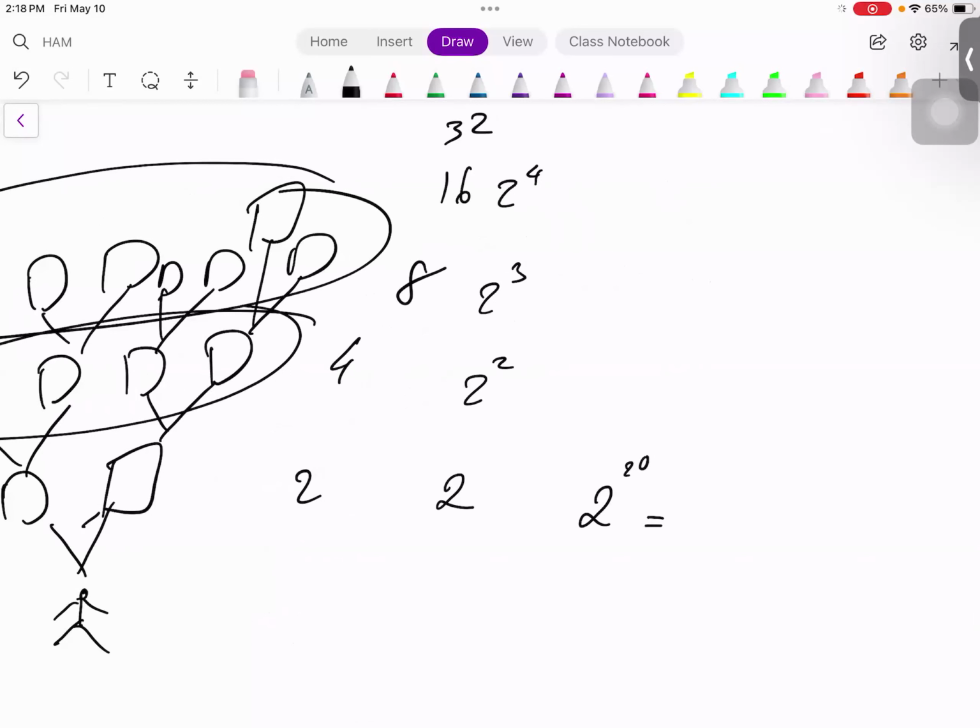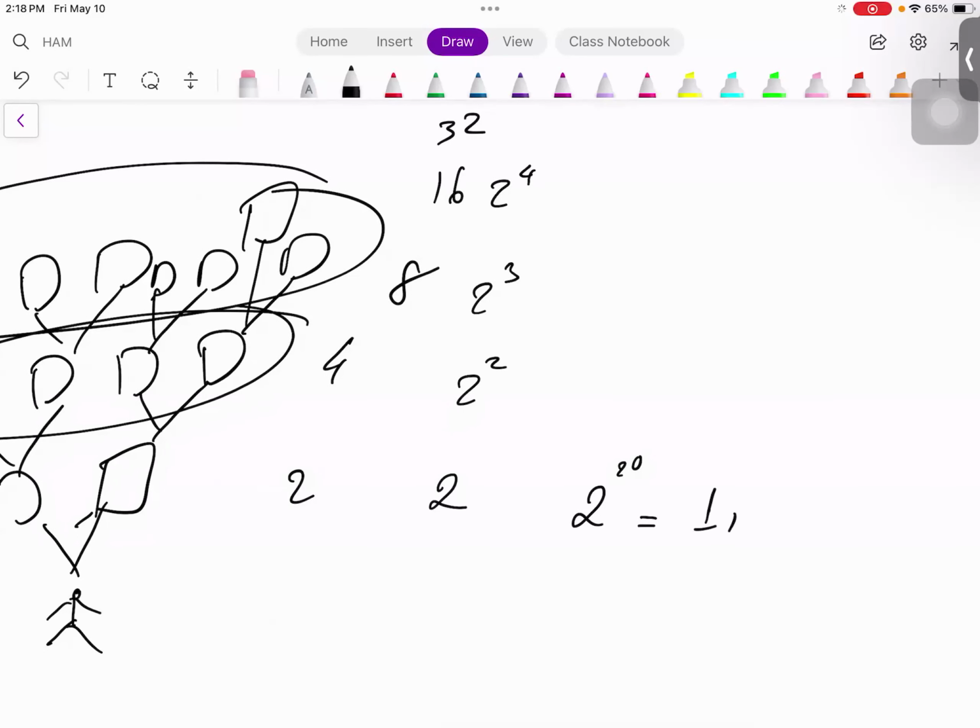That's the number of people we need so that you can be born right now. 1,048,576 people. Is that mind blowing? So you should be grateful. A lot of people had to be here.